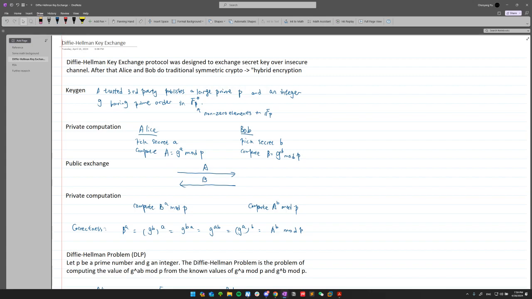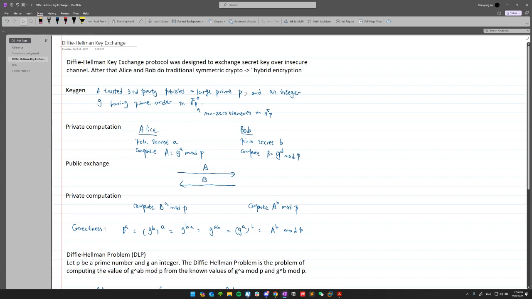So the keygen phase is that you follow the standard, and this G has a large prime order in the unit group of the field Z mod P, so that they can't just brute force it, right? You have to have a large prime order.